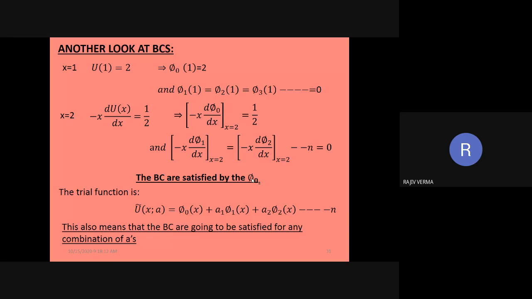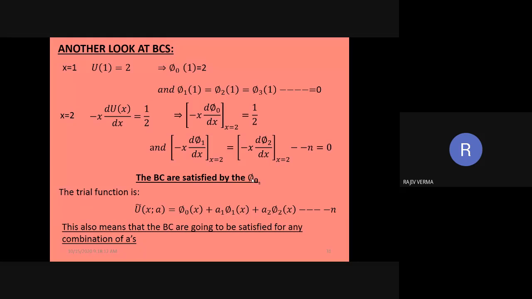Now, the conclusion which we are going to draw at this particular point is that since phi 1, phi 2, phi 3, etc. are 0 at both the points where the boundary conditions are given, the unknown terms such as A1, A2, A3, and so on can have any value.